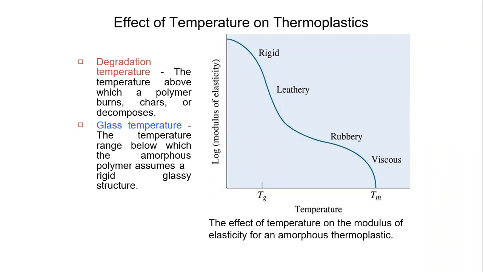Below it, the amorphous polymer reaches the glass transition temperature, in which there is an equilibrium state of the material. So these are the different effects of temperature on thermoplastics.